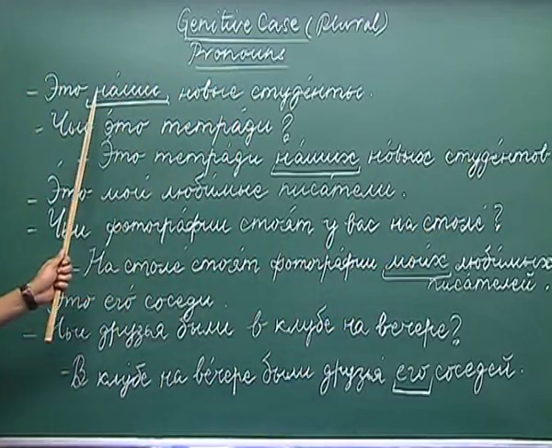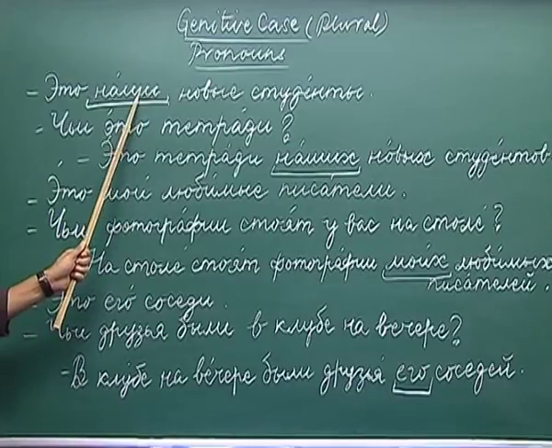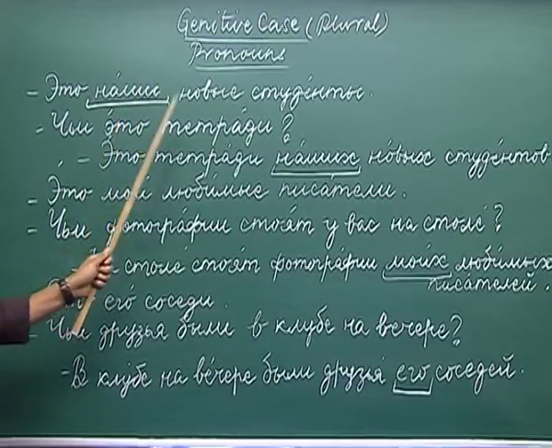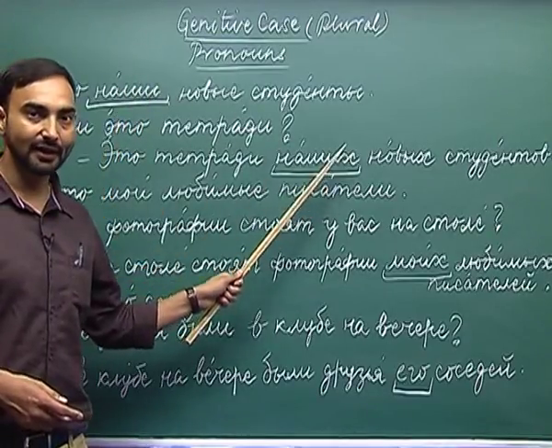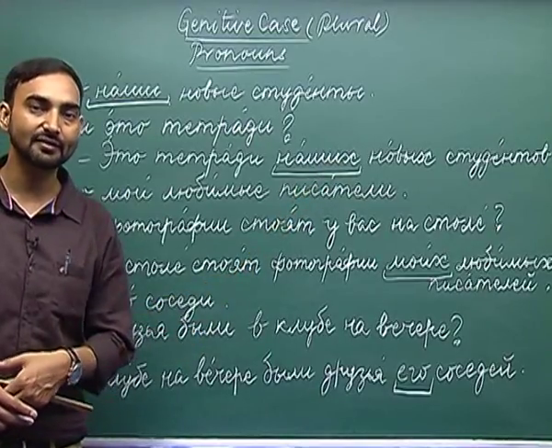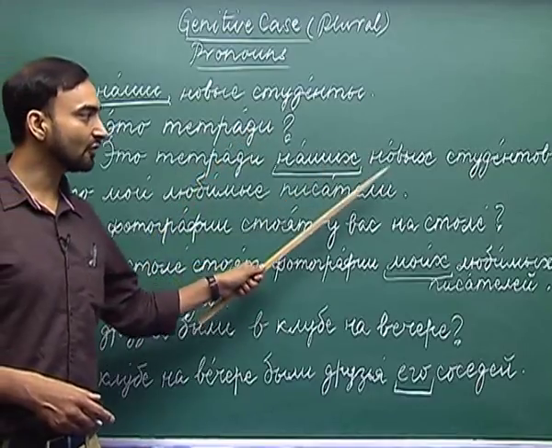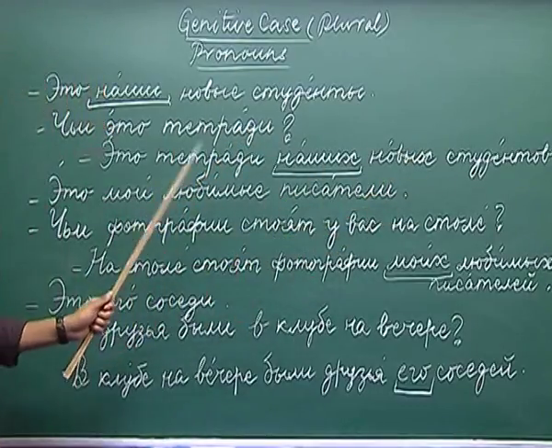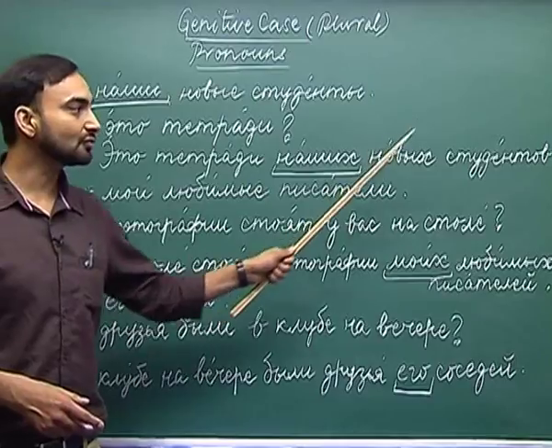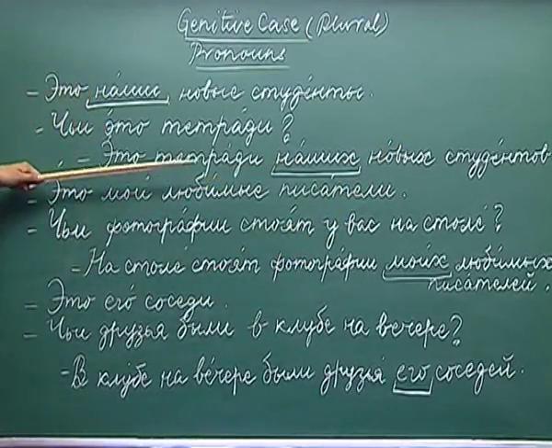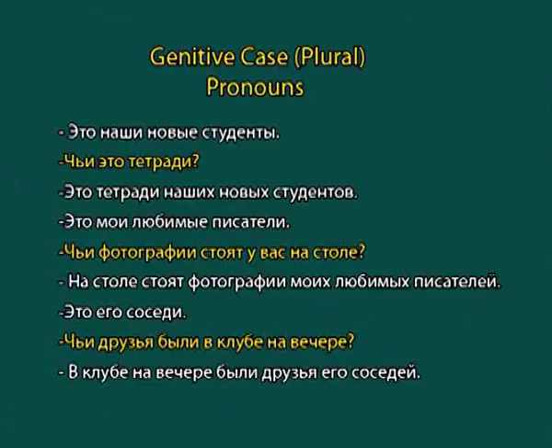As you can see, наши is in the nominative case and we have added "х" at the end to get its genitive case plural form. Эти тетради наших новых студентов. These notebooks are of our new students, and this sentence shows possession. That is why we have used a possessive pronoun, наши.